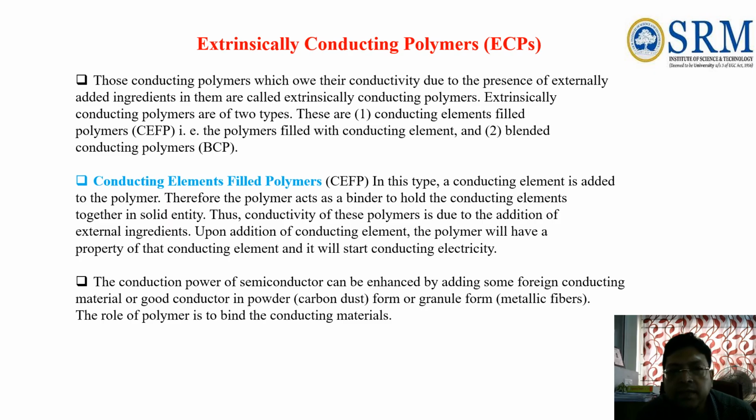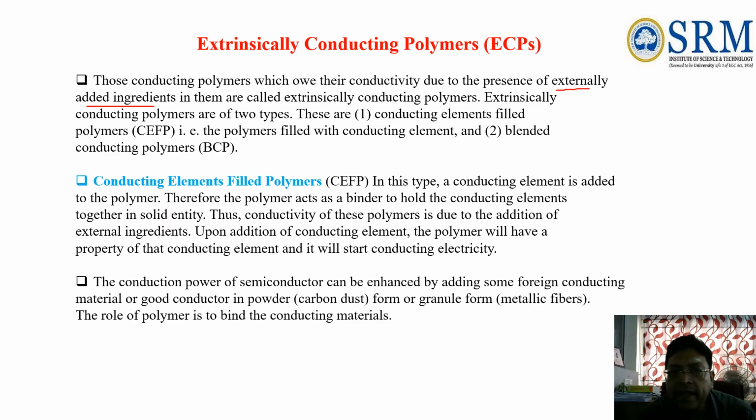So in the previous slide we talked about the intrinsically conducting polymer. Now we will talk about the extrinsically conducting polymer. These conducting polymers, which owe their conductivity to the presence of externally added ingredients in them, are called extrinsically conducting polymers. We have seen that an intrinsic polymer shows conductivity which is very inherent in nature.